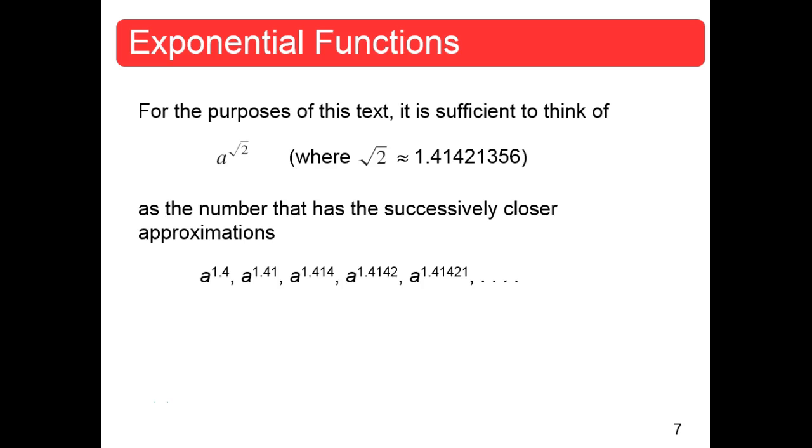But your calculator will also do a to the square root of 2. It's doing that approximation for you, and it gets as close as you need. That's what we mean by an exponential function. Your base is a number, and your exponent is the variable, and it could even be an irrational variable.